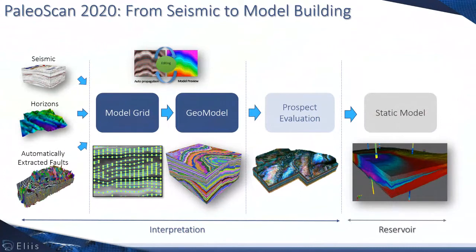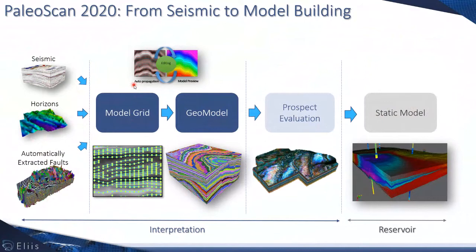So first of all, what is PaleoScan? PaleoScan is an application made for seismic interpretation. The idea is to input a couple of objects such as seismic, horizons, and faults. And then once we input all these objects, PaleoScan is able to create what we call the model grid.